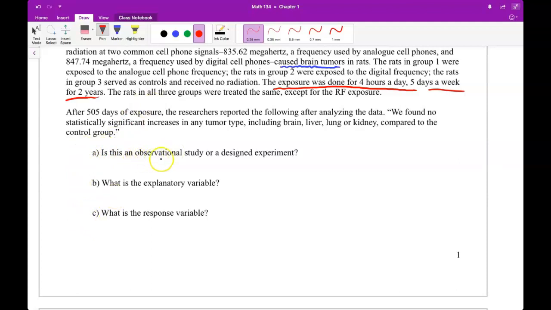Is this an observational study or a designed experiment? I explained that here, since they had some kind of treatment, the exposure was done for 4 hours a day, 5 days a week, for 2 years, this is an experiment. So designed.